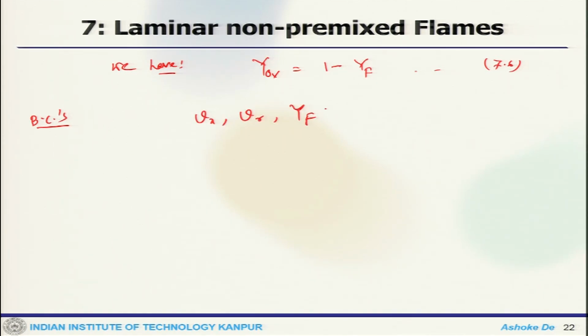So, we require boundary conditions each for Vx, Yf and Vr, otherwise we cannot solve it. So, we need boundary conditions for all three of them. Now, we go one at a time.